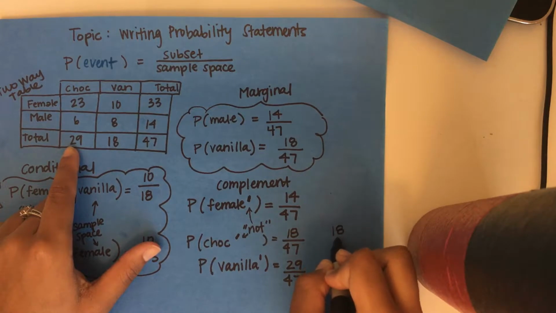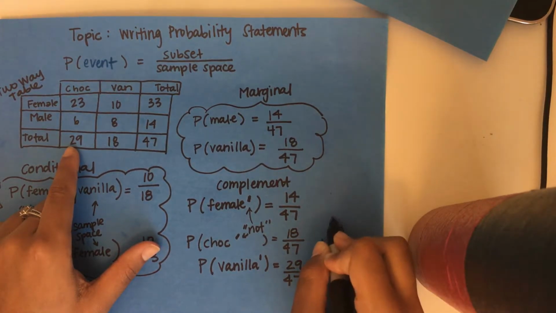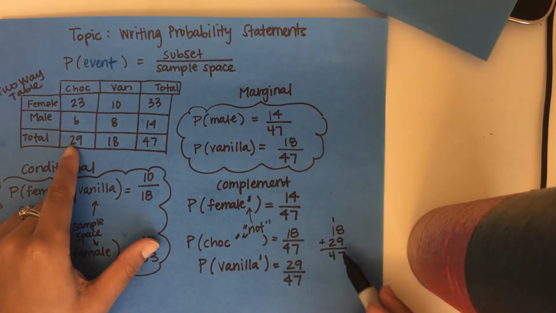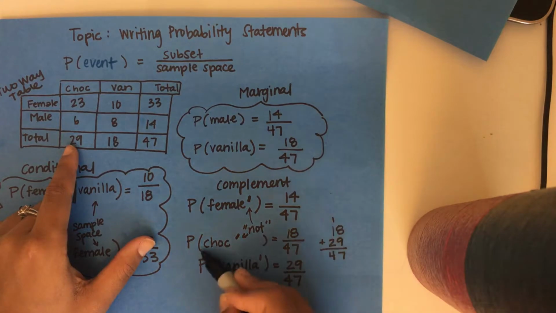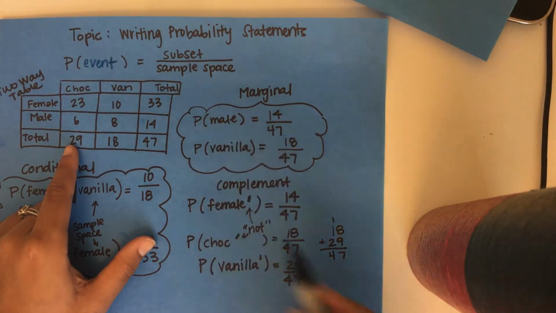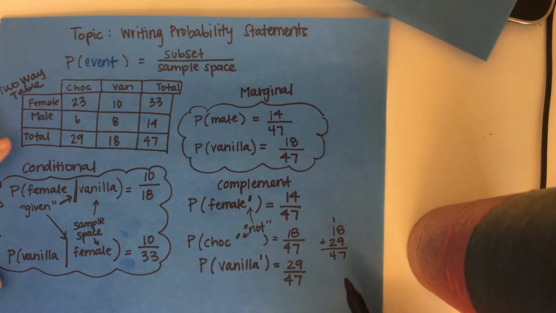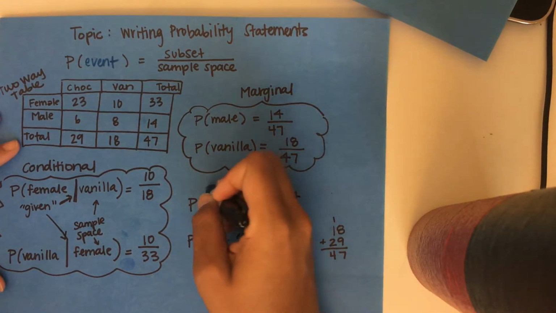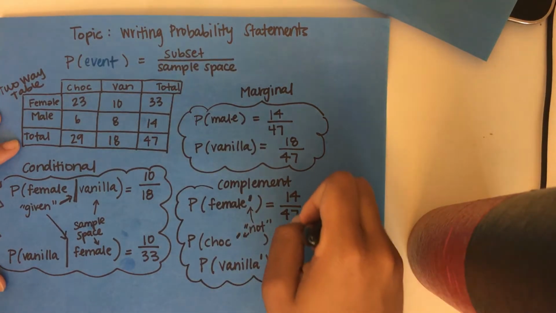Well, 18 plus 29 is 47. If you add up the total number of people who don't like vanilla and the number of people who do like vanilla, that adds up to the sample space. And we can talk about that in a bit. So there's a little review on complements.